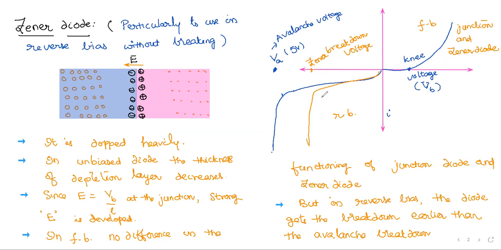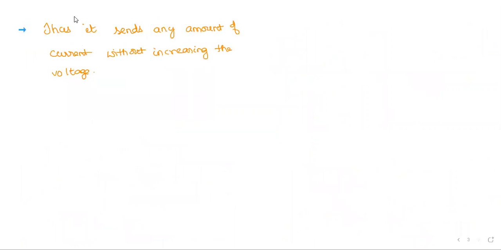Okay. That's why what they say finally, you can send any amount of current even in reverse bias flow. Na? Yes, even in reverse bias, I'm able to send any amount of current without breaking. Yes, without breaking only. Okay. That's why we use this particular diode only in reverse bias at Zener breakdown voltage, not to increase the potential drop across an appliance, like a voltage regulator, stabilizing the voltage.